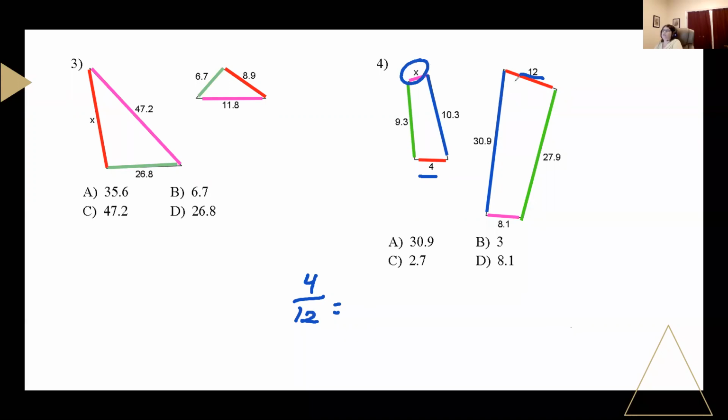So if you used 4 and 12, you didn't need to use the 9.3. Which one is the smallest one that would go with that X? 8.1. Okay, you would set it up like that, and you just multiply 4 and 8.1, press enter, and then divide by 12. I did the 9. You found your error? That's good.